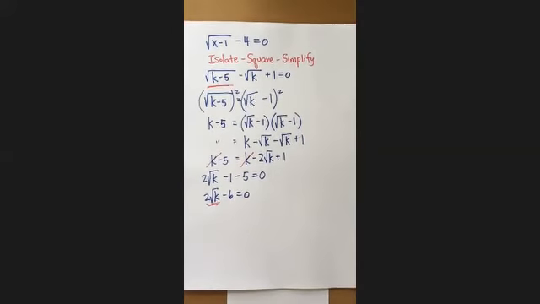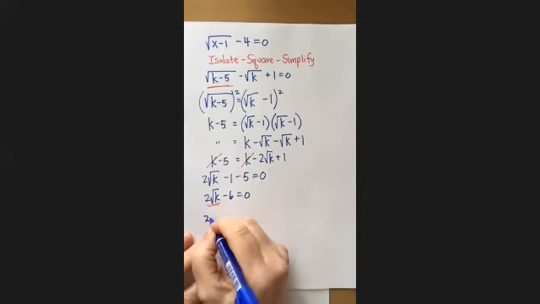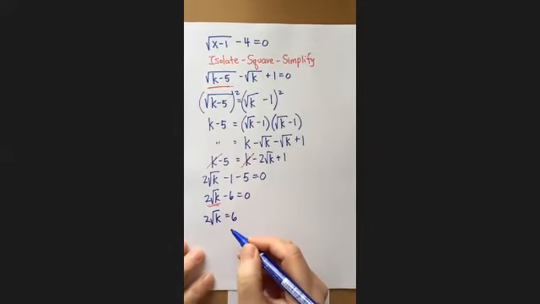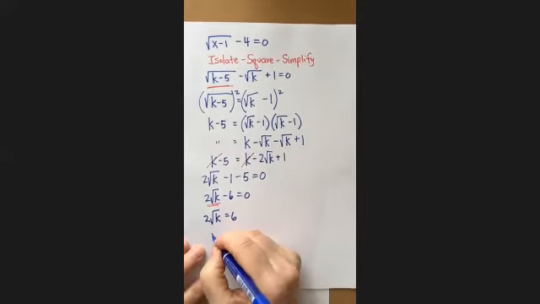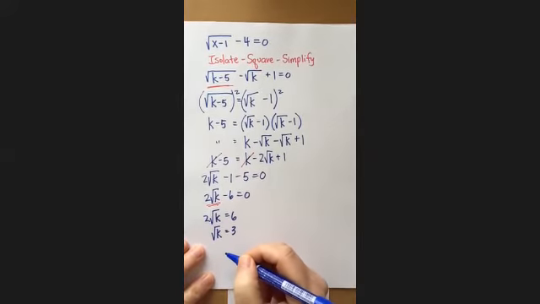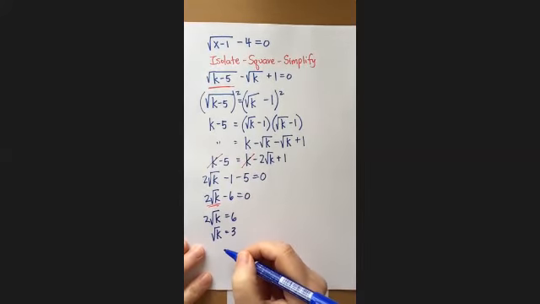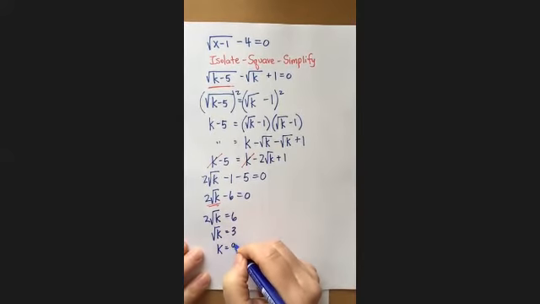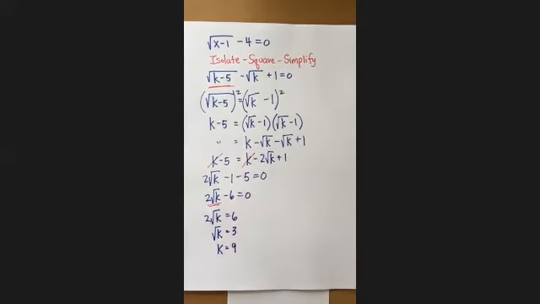So when I isolate that one, I'm going to end up with 2 square roots of k equals 6. I'm going to divide both sides by 2 and get the square root of k equals 3. And then I'm going to square both sides so that I can get a value for k. K equals 9.